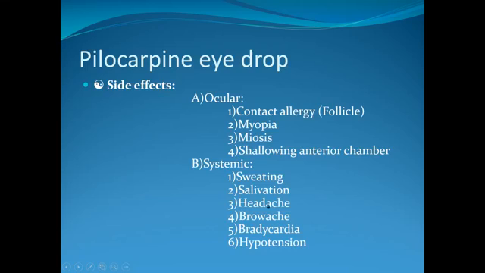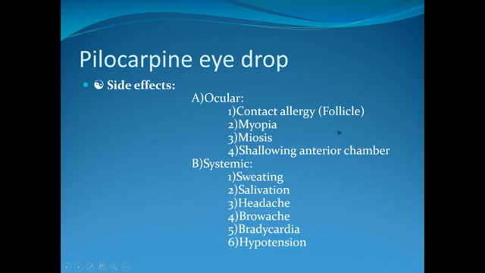There may be ocular side effects and there may be systemic ones. Ocular is very important. It causes contact allergy and follicles, very important, even in viva. What are the causes of follicles? Viral and chlamydial, and also the pilocarpine drop.